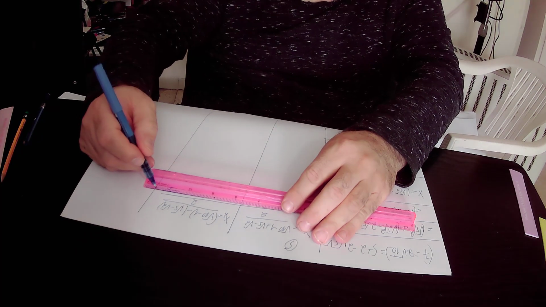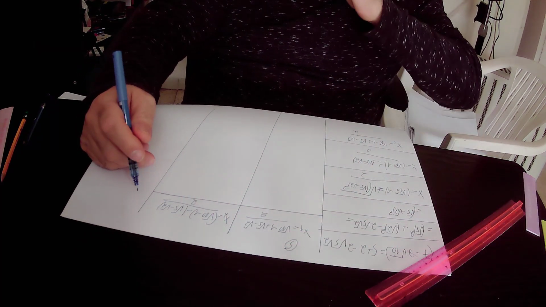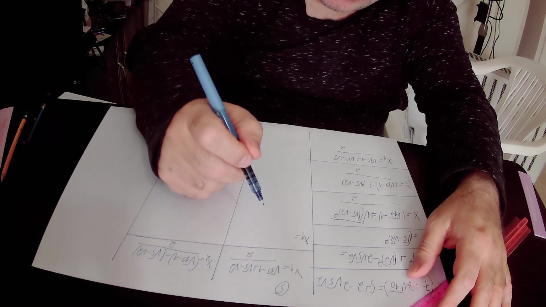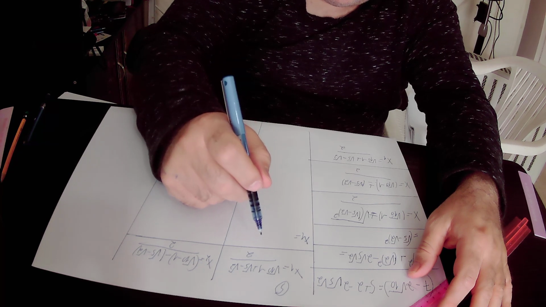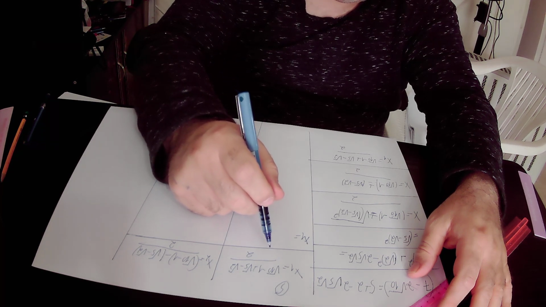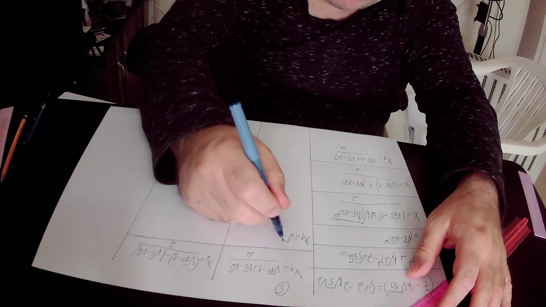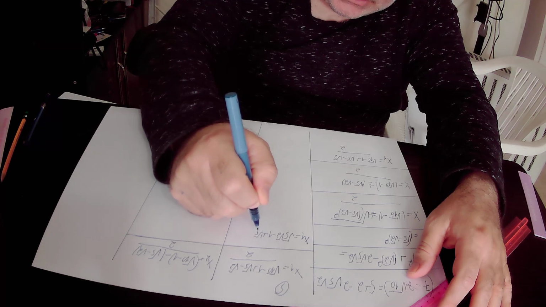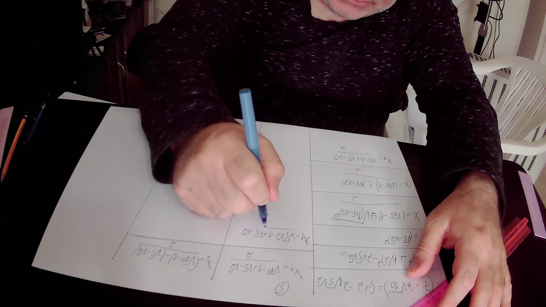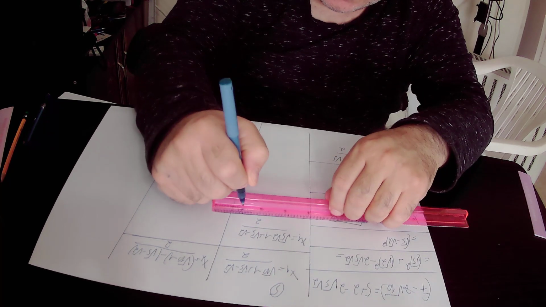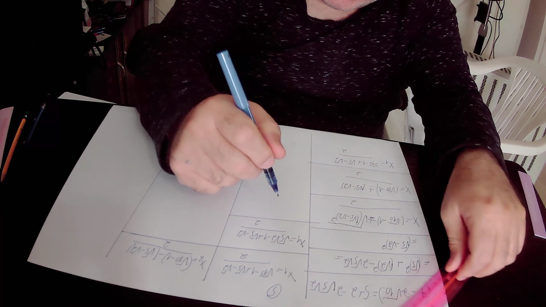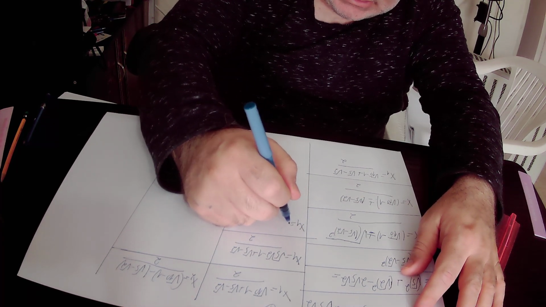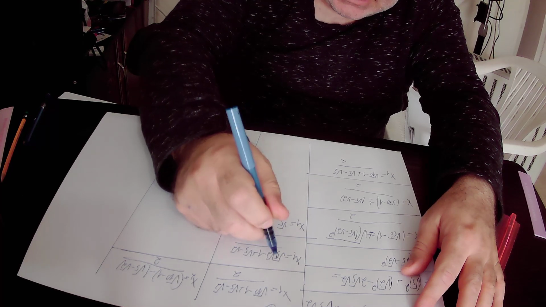So we'll continue here with x1, and we will get that x1 equals, here we have the square root of 10, so we'll substitute the square root of 10 by the square root of 5 times the square root of 2, minus 1 plus the square root of 5 minus the square root of 2, all divided by 2. Here we will take the square root of 5 as a common factor.